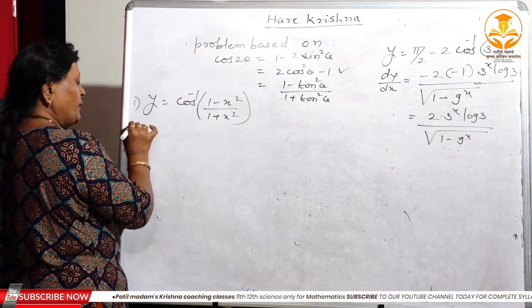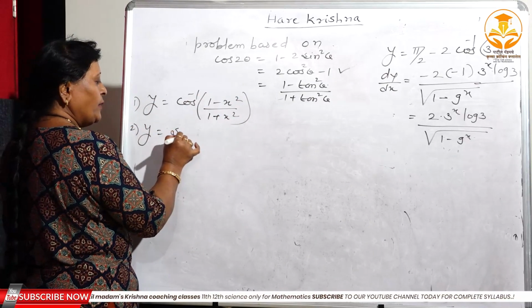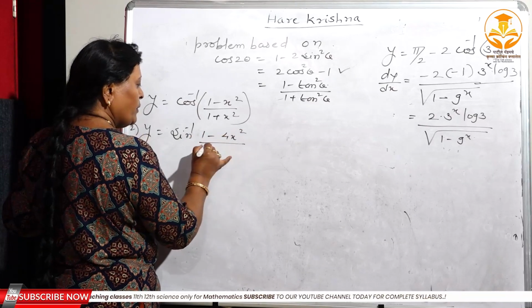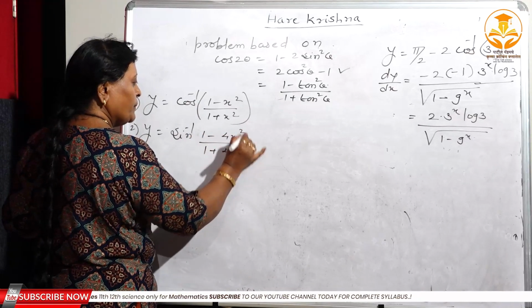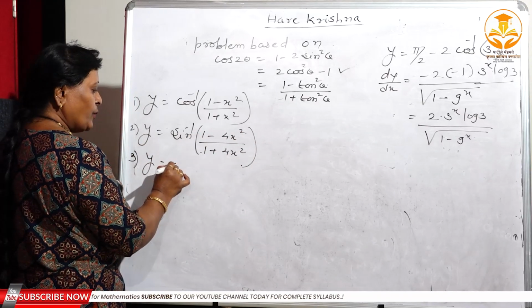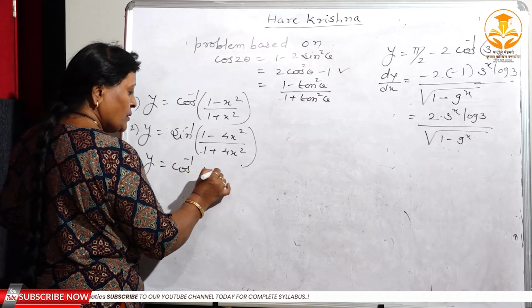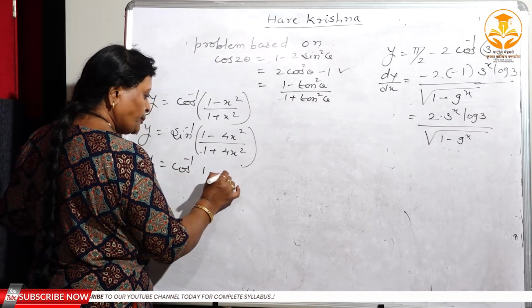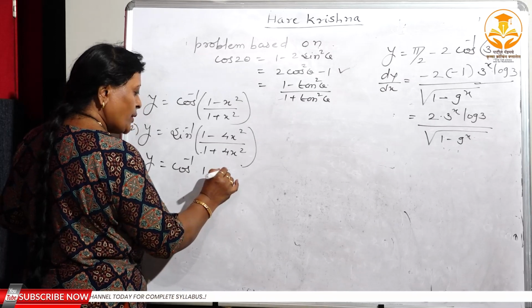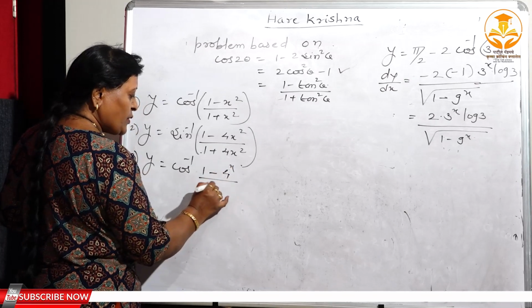Here second one, y is equal to sine inverse of 1 minus 4x square upon 1 plus 4x square. Third one, y is equal to cos inverse of 1 minus 4 raised to x upon 1 plus 4 raised to x.